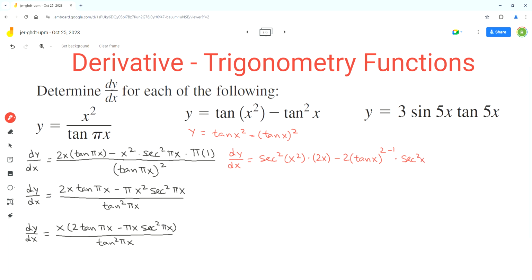Now we can simplify this expression. So in the first part, we can move the 2x to the front of the secant term.